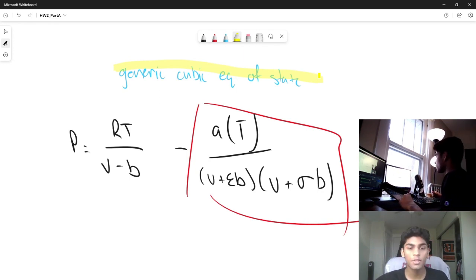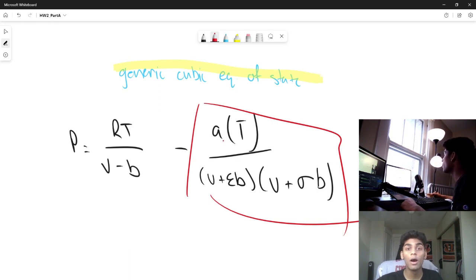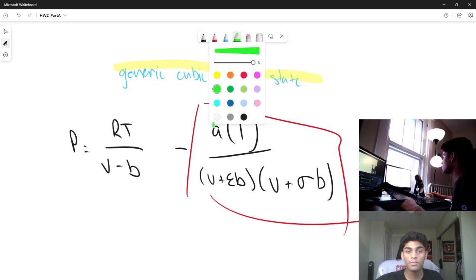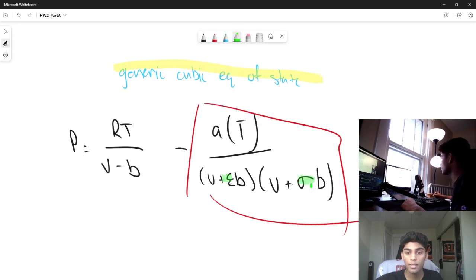So a couple things to note now. We have A as a function of temperature, which means that we're going to have to create a function that takes inputs of temperature and gives us outputs of A, and then use those for our pressure volume diagrams. The other thing is now we have two new friends in play, and those friends' names are epsilon and sigma.